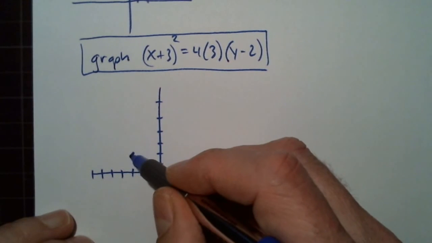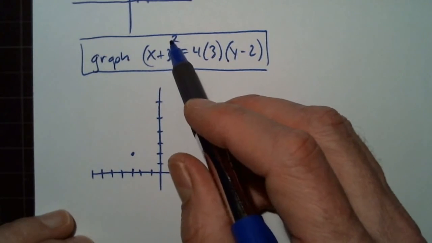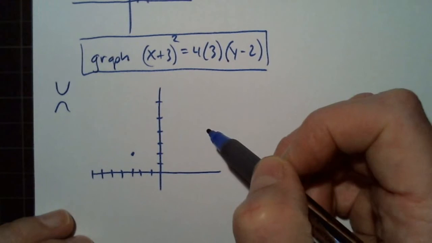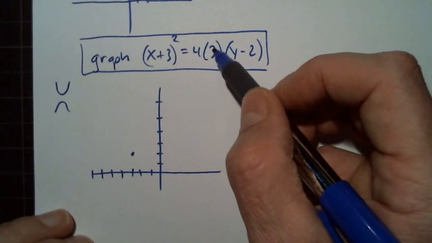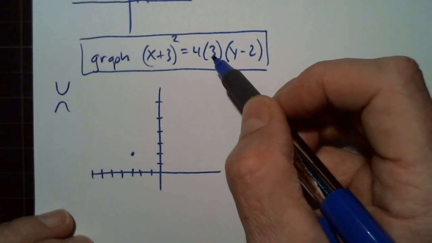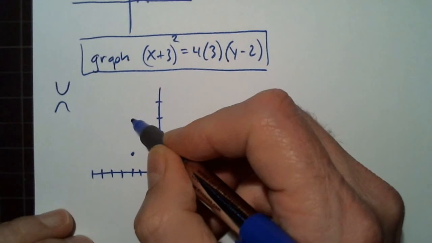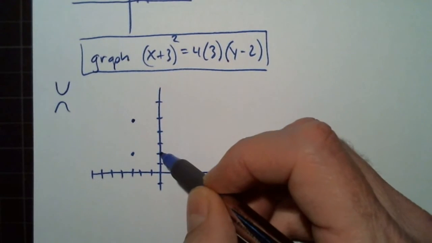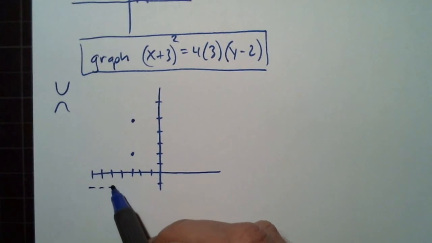We moved left 3, up 2, and because the x is squared, we know it's going to open vertically, like one of those, and the p value is 3. It's positive, so that means we're going to move up. Also, we're going to move down 3, 1, 2, 3, to the directrix.